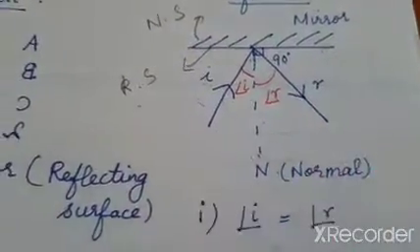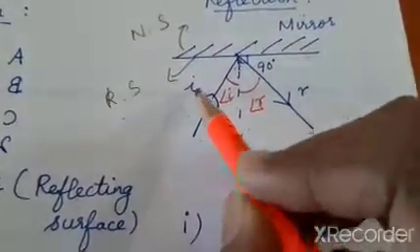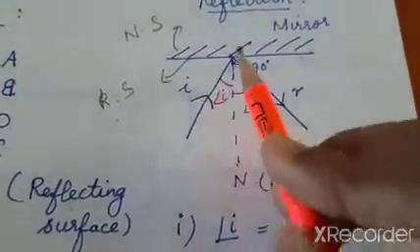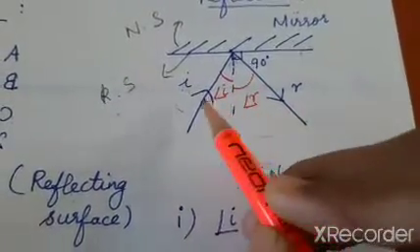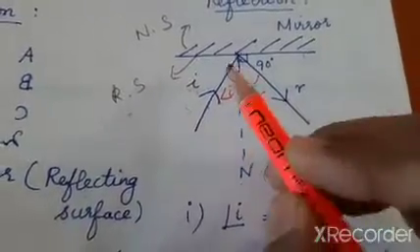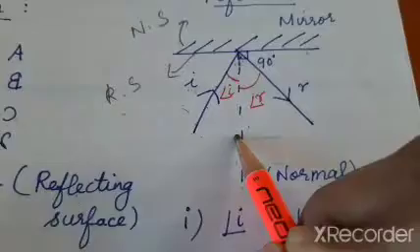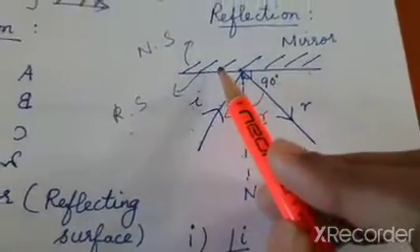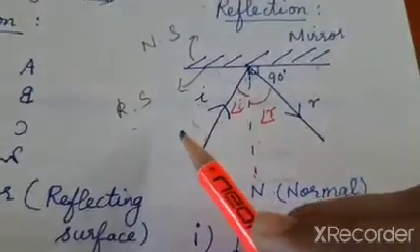Now, if I want to measure the angle at which the incident ray falls on the mirror, I will measure it between the ray and the normal. You have to find the angle between the incident ray and the normal only. If you take the angle between the incident ray and the reflecting surface, it is wrong.